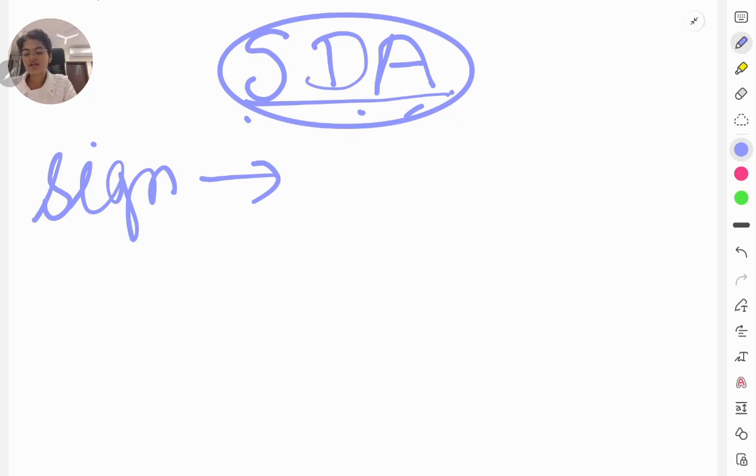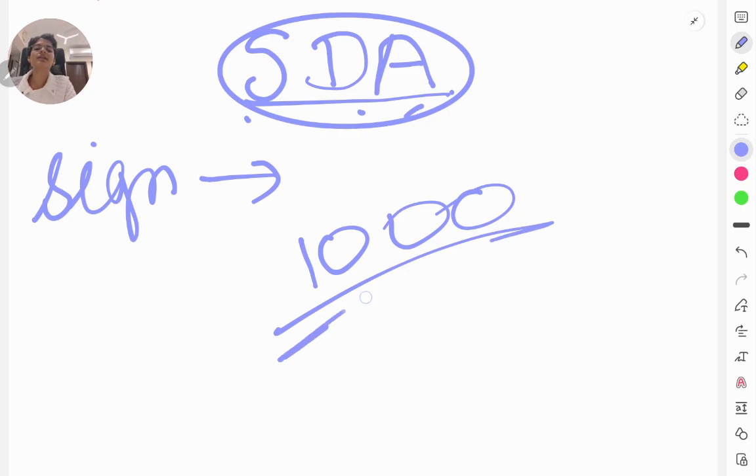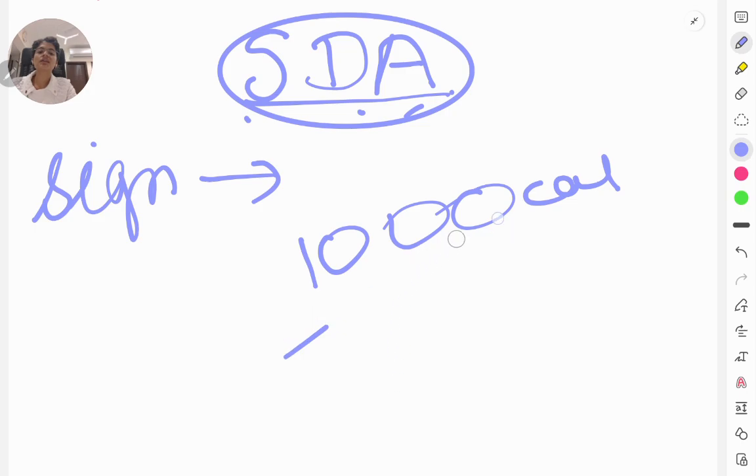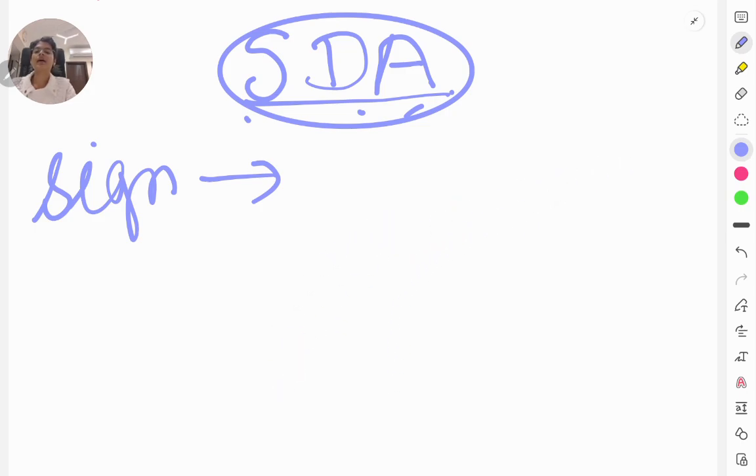For example, if you want to give the body 1000 calories, it's not that 1000 would be burnt, it would actually be 1300 or so. So this 300 extra has to be supplied. So you got my point.